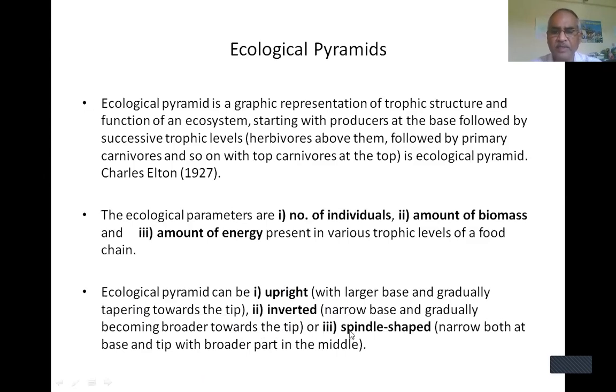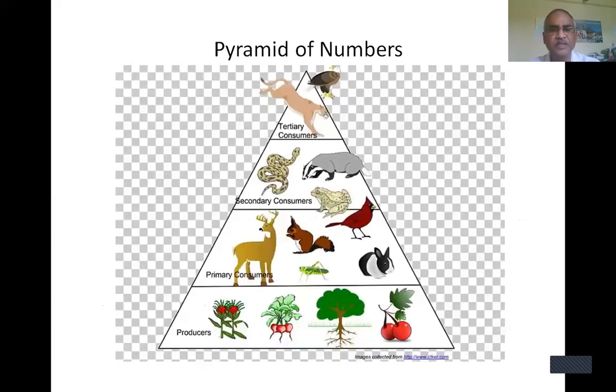And the third one is spindle shaped. So narrow at both the base and tip with broader part in the middle. So these are the three different types of ecological pyramids basing on these three parameters which I have mentioned.